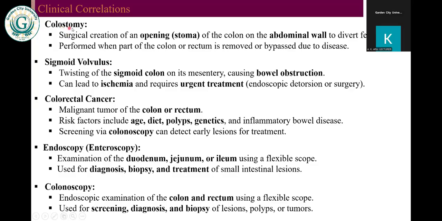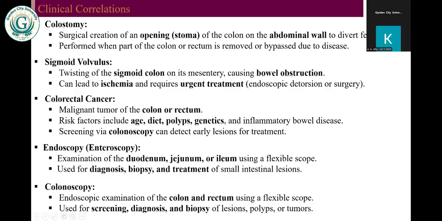Colostomy. Ostomy is where you create an opening. So when there's a problem with the anal canal or anus, an opening can be created on the colon where the feces will pass through the anterior abdominal wall.